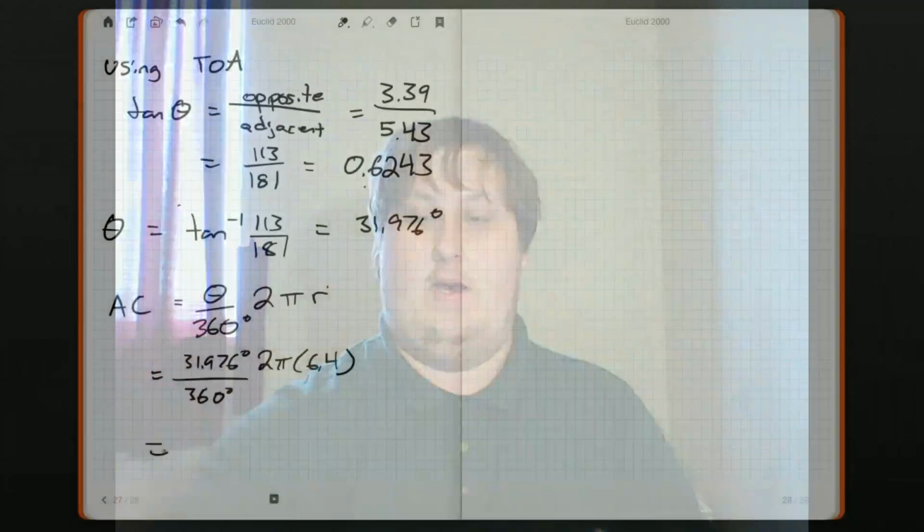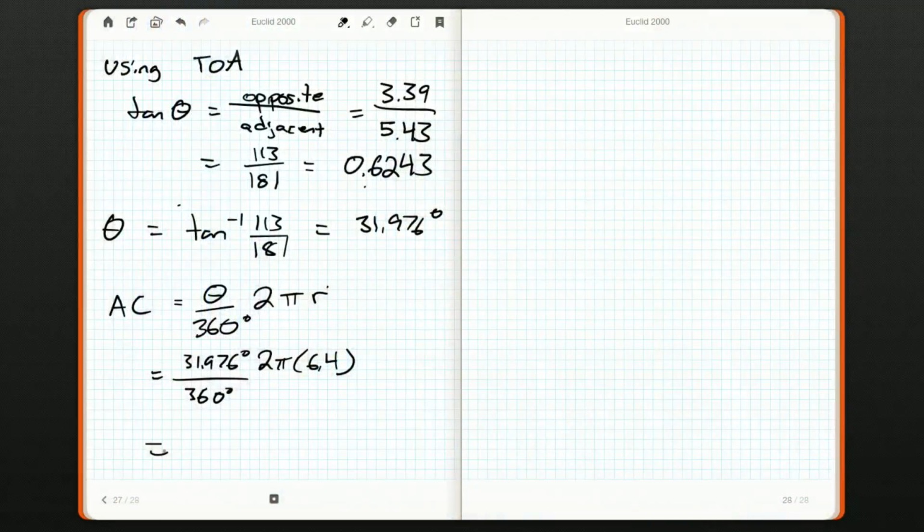That way I know I have as accurate a fraction of the total circumference for my arc length as possible. Multiply it by 2, and we multiply it by pi. Some calculators have a nice nifty pi button, and 6.4, and I come out with 3.5718, and I'm just going to keep going on like that. 56284. That's what I've got sitting here on my calculator.